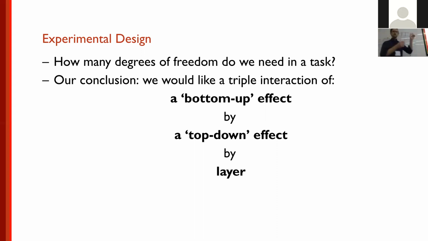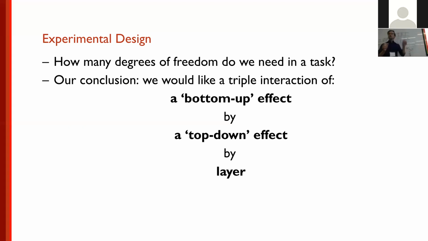And with bottom-up and top-down, I now just mean stimuli to which the cortex responds differently on a layer level. So just to give a short refresher of statistics, a triple interaction means two different double interactions in this case.